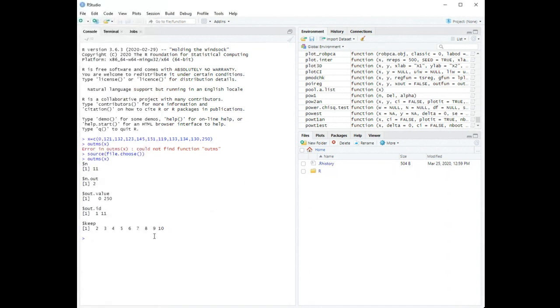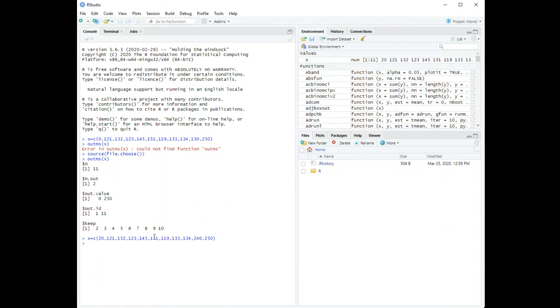All right, so this next one, number 24, again we're going to do x equals combine 20, 121, 132, 123, 140, 145, 151, 119, 133, 134, 240, and 250.